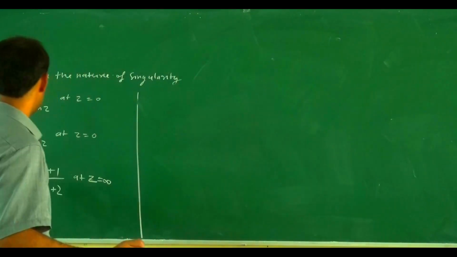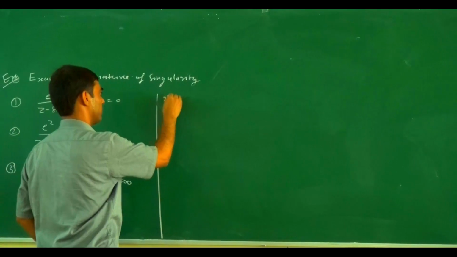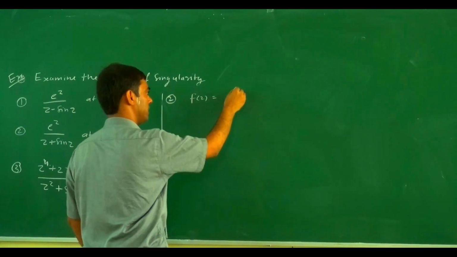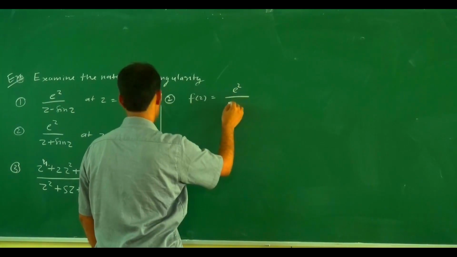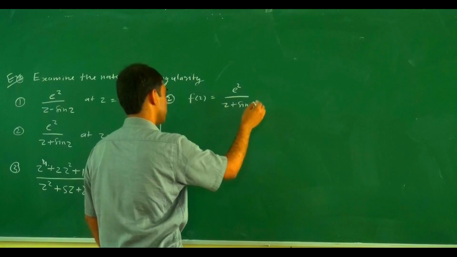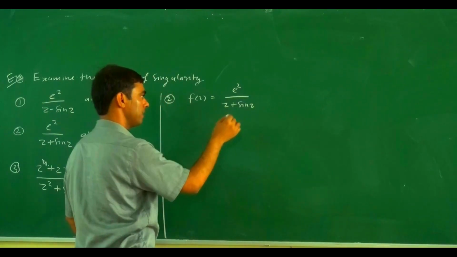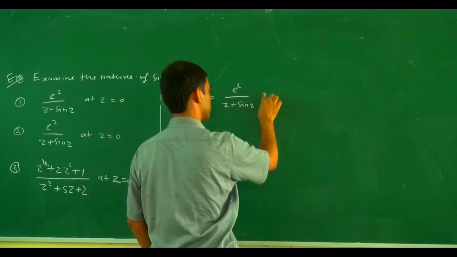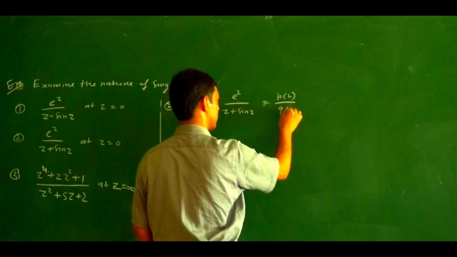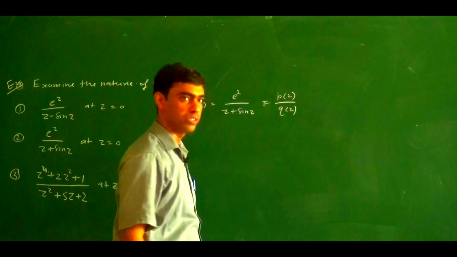Now at z equals 0, the second one, f(z) equals e to the power z divided by z plus sin z. Suppose this one equals P(z) upon Q(z).